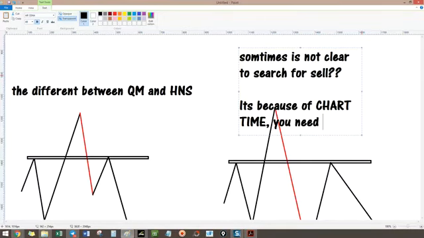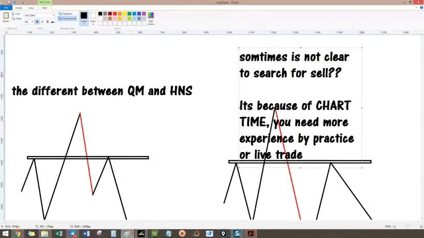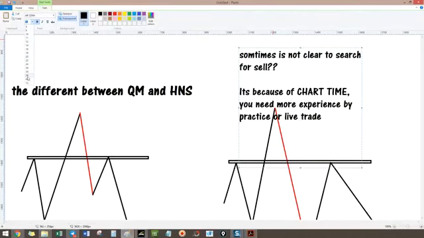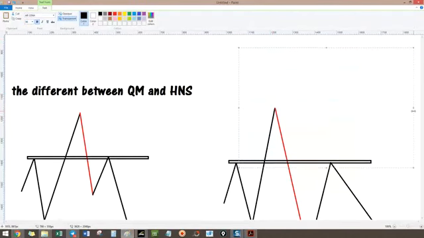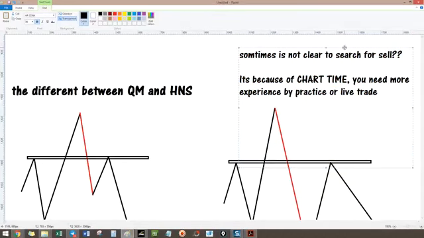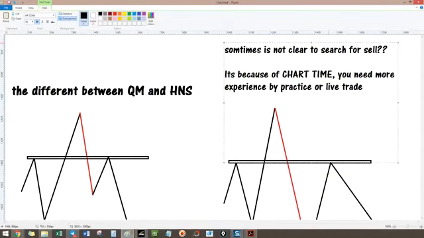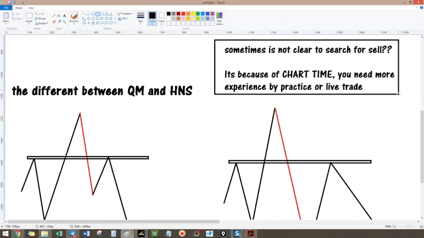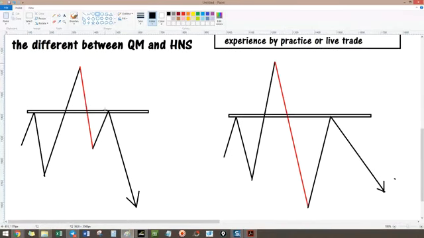You need more experience by practice or live trade. That's it. Okay, that is the only way for you to spot it easily. The way that I can spot the market is because I have experience. So you just need to do a lot of homework, a lot of live trade to be able to spot it really quick. Okay, so let's search these two in the live market, right?